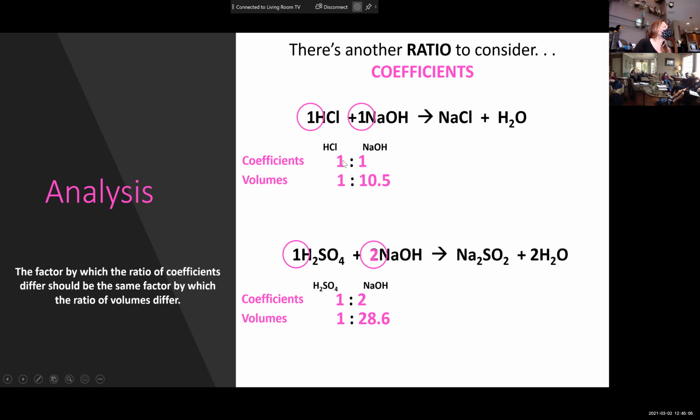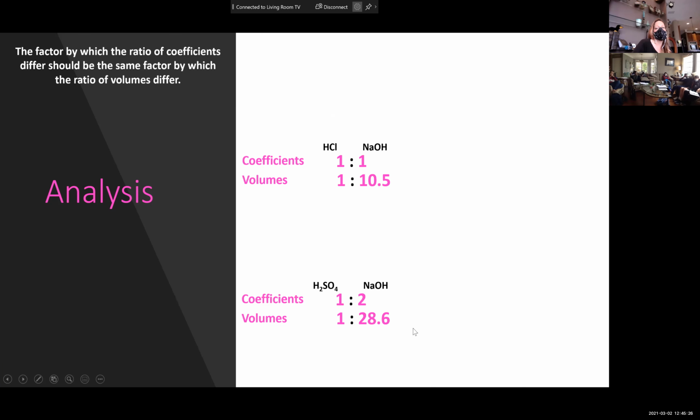If you go from 1 to 1, you multiply by 1, right? If you go from 1 to 10.5, you're multiplying by 10.5. In this case, it's 1 to 2, so you multiply by 2. And this is 1 to 28.6. These are not the same. The factor by which they differ isn't the same.